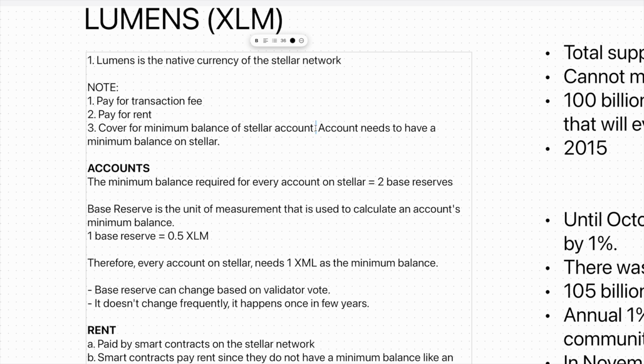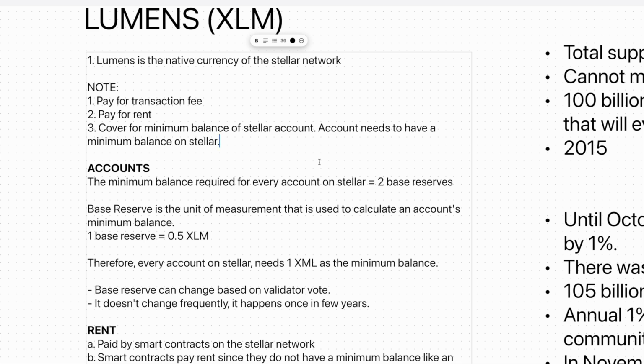So we use Lumen for all of these things. I can probably remove this and just stick to these three, because they basically cover everything: you pay for transaction fees, you pay for rent, and you use it to cover the minimum balance on the Stellar account. One other thing is that the account, like I've said, needs to have a minimum balance.